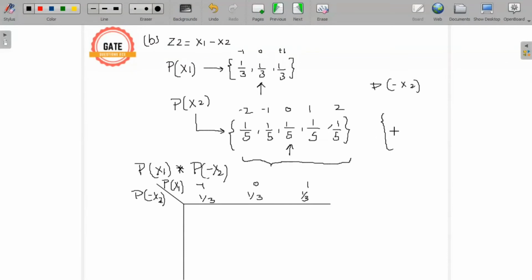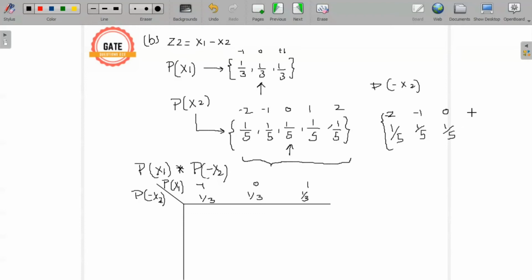So this probability will be written here, 1 by 5. This 2 becomes -2. And this 1 will become -1 and its probability will be 1 by 5. Similar to time reversal.